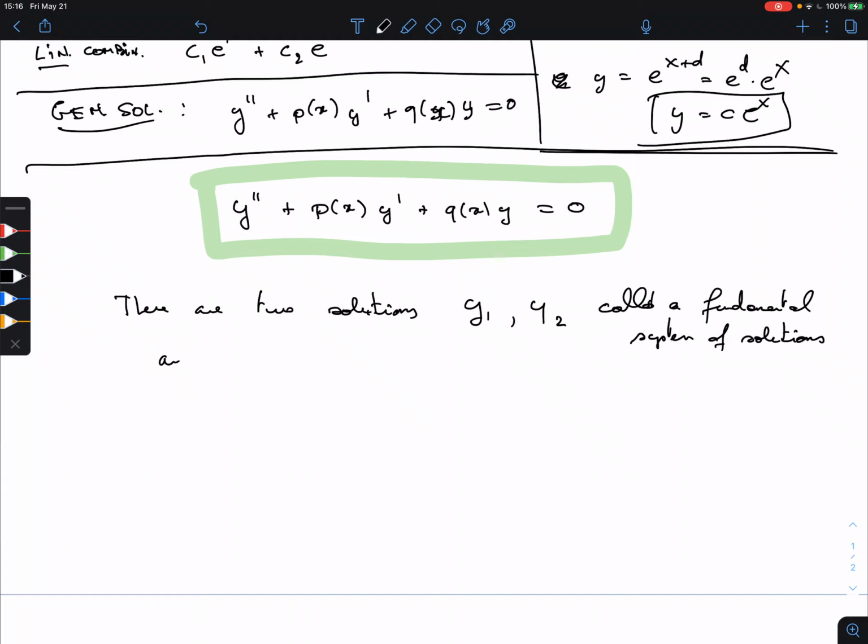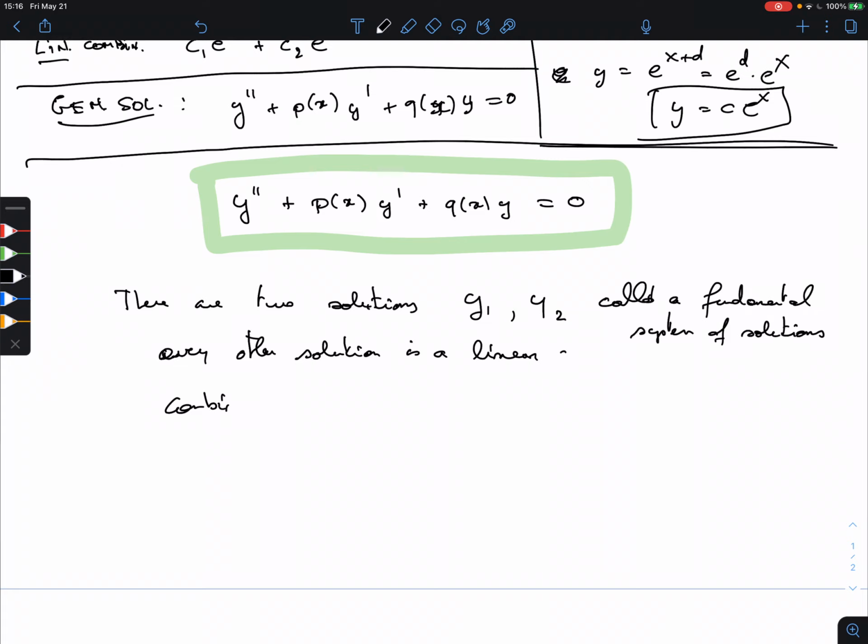It means that every other solution is a linear combination of these. What does a linear combination look like?